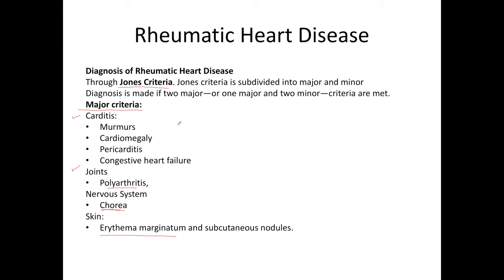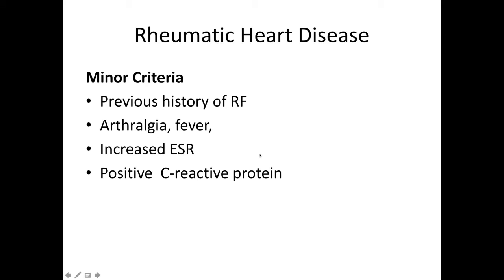If an individual presents with any two of these major criteria, we can come up with a positive diagnosis of rheumatic heart disease. Or if they have only one major criterion and then two minor criteria, we can also diagnose rheumatic heart disease.